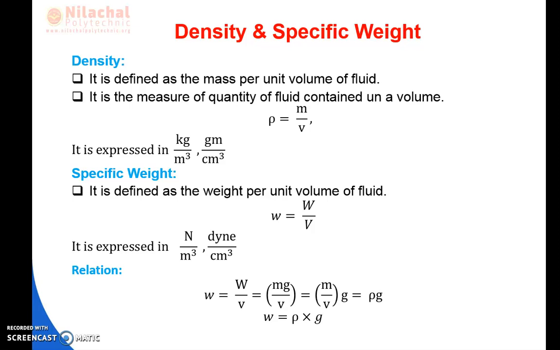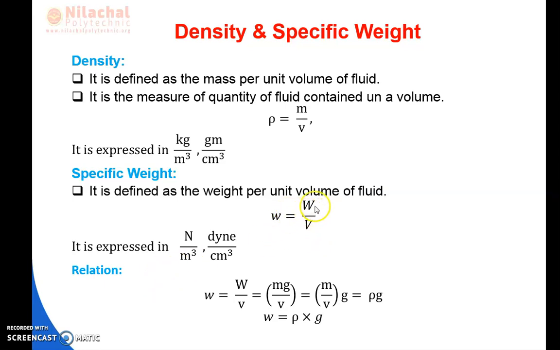Let's come to the second property of the fluid, that is specific weight, which is also known as weight density. Weight density is the weight per unit volume of the fluid. Mathematically we can write small w is equal to capital W by V, where capital W is the weight of the fluid and V is the volume of fluid.